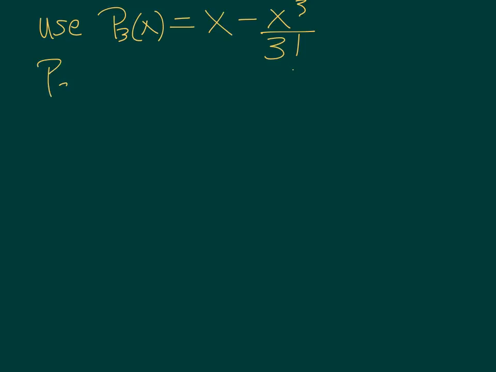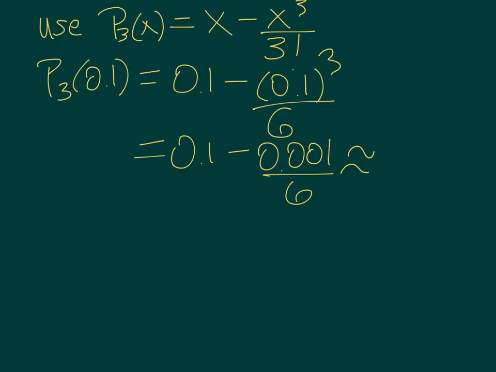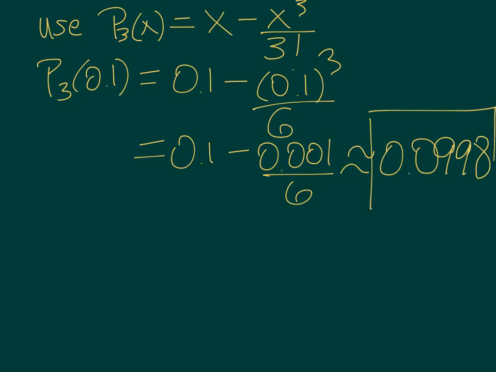And we plug in 0.1. 0.1 minus 0.1 cubed, 3 factorial is 6. 0.1 cubed over 6, which is 0.1 minus 0.001 over 6, which is approximately 0.0998. That's our approximation for sine of 0.1.